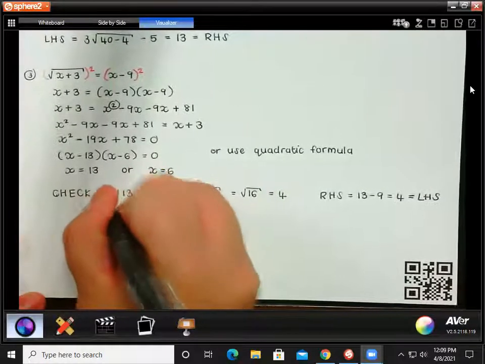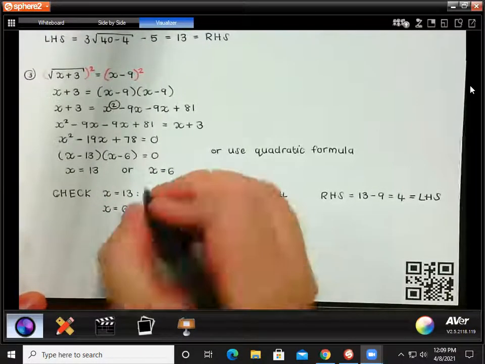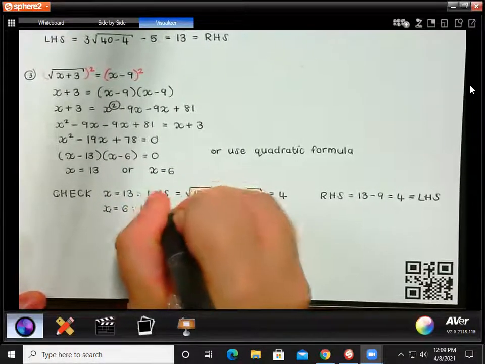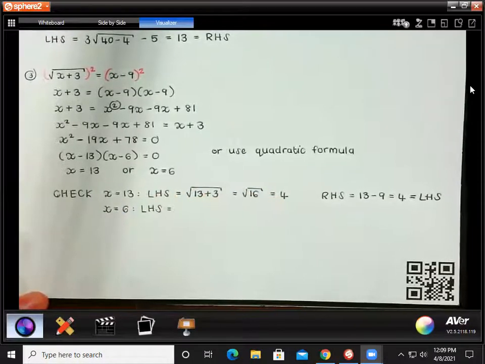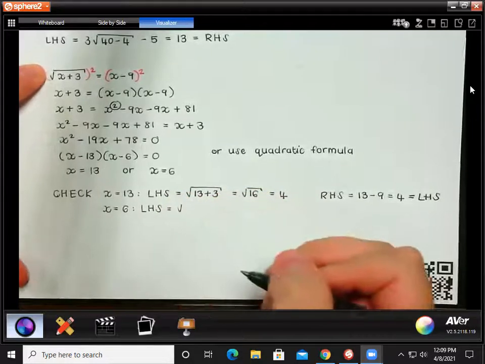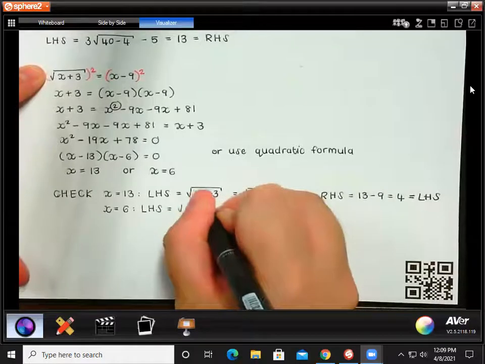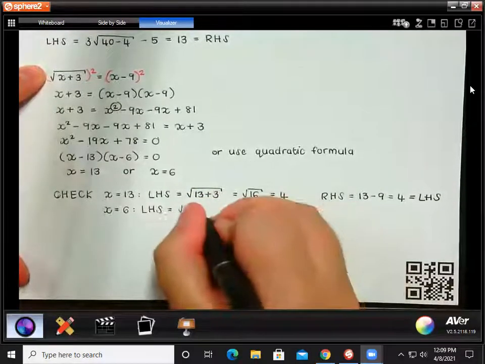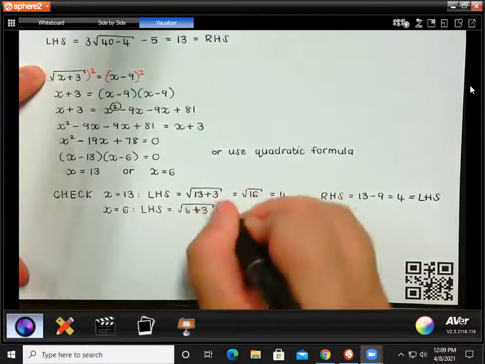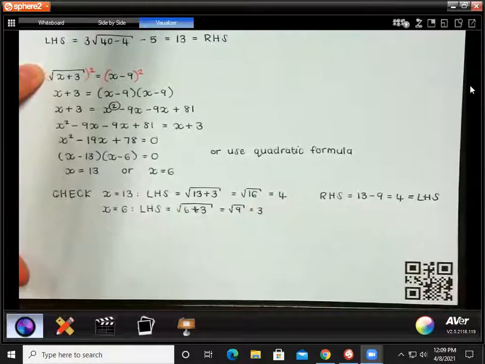Let's check x equals 6. So on the left-hand side, we have, and I'm looking at that, hey, the original equation. So we have the square root of 6 plus 9. No, I'm sorry, 6 plus 3. 6 plus 3, there we go, which is the square root of 9, which is 3, okay?